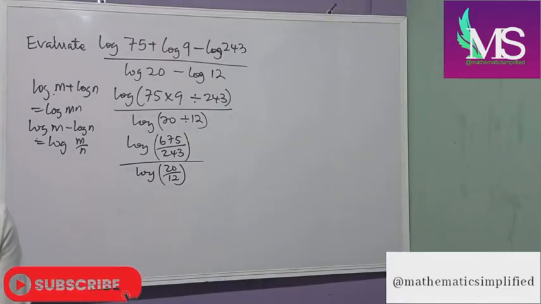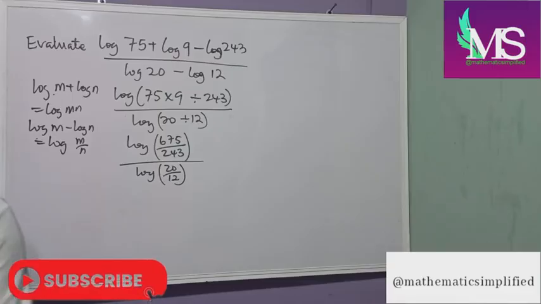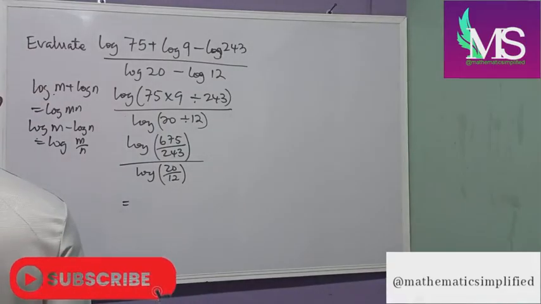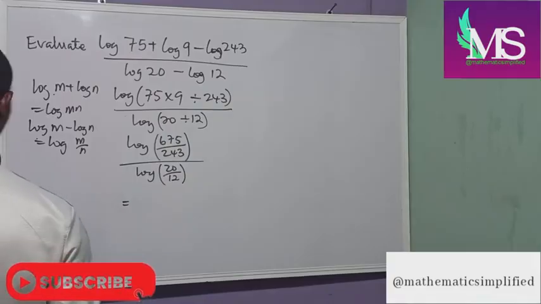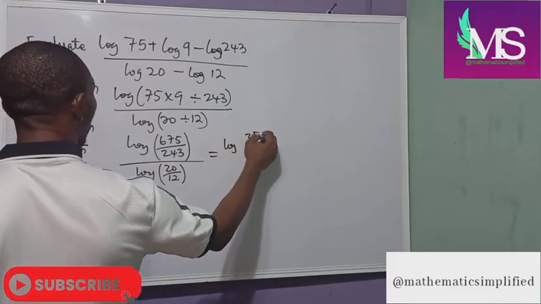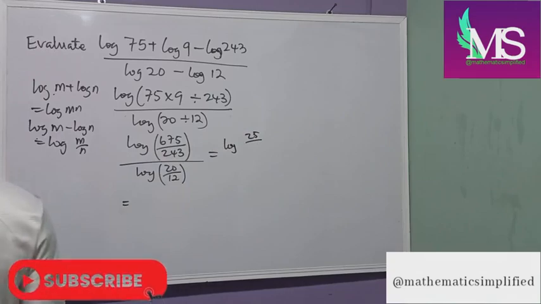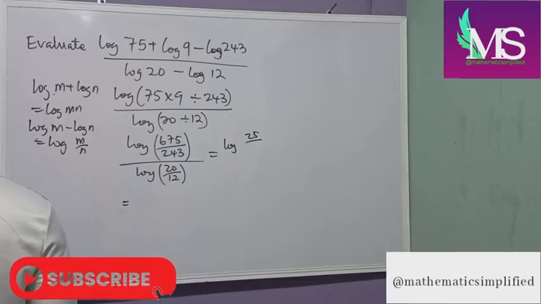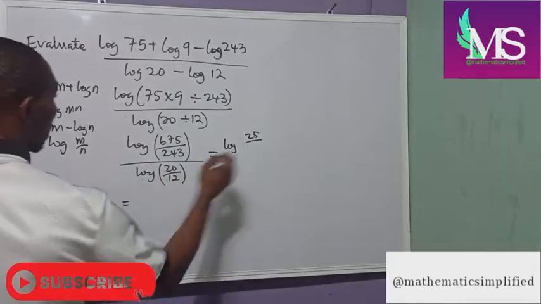Now, if we reduce this to its lowest term, 675 divided by 27 will give us 25. This becomes log 25 all over, and 243 divided by 27 will give us 9.